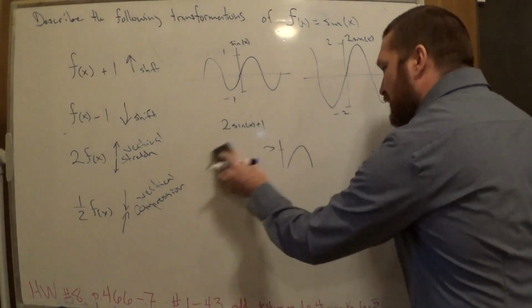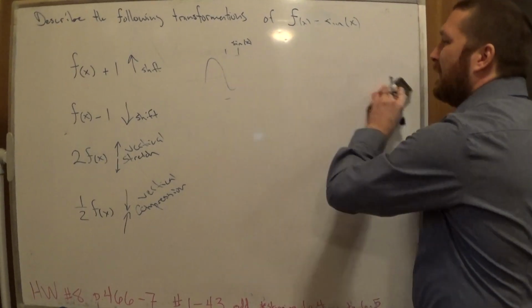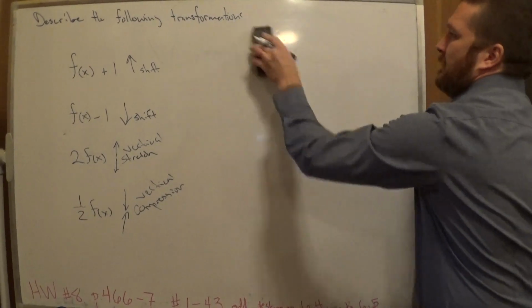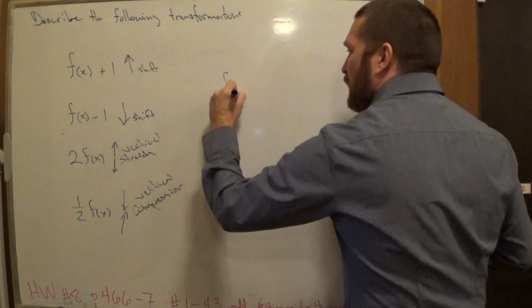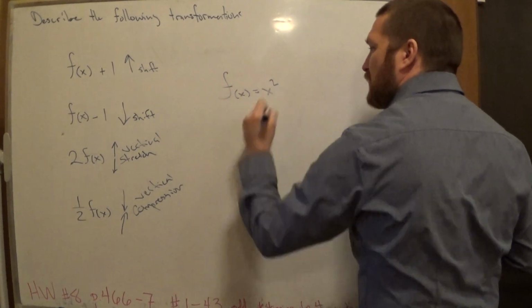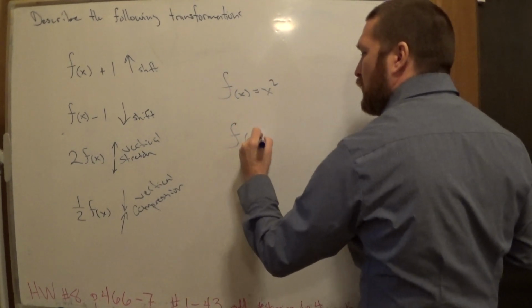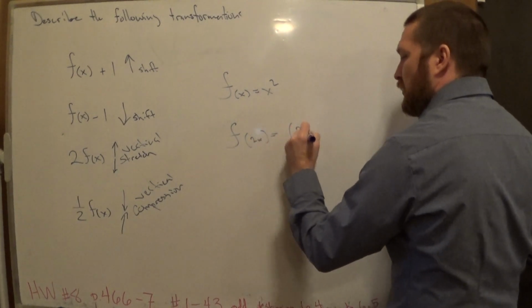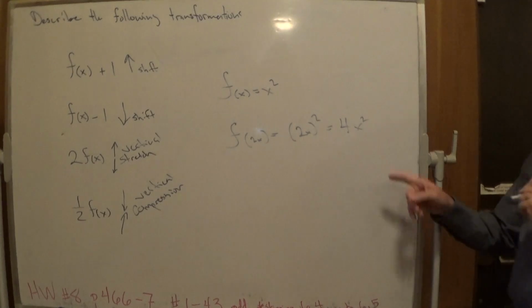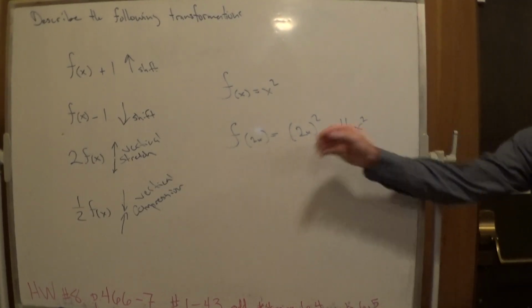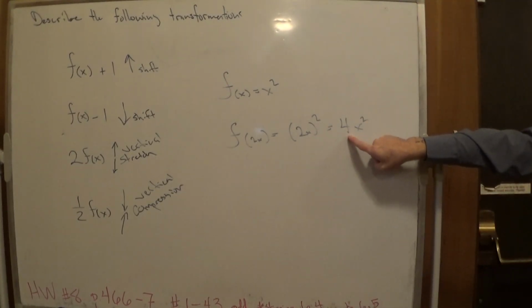So, and last year we're working predominantly in this context. We're working with parabolas, and with a parabola, you have the case like, let's say you have f of x equals just x squared. Well, f of 2x would be (2x) squared, which is the same thing as 4x squared. So you could even think about this as, well, that is the same thing as just a vertical stretch, right?